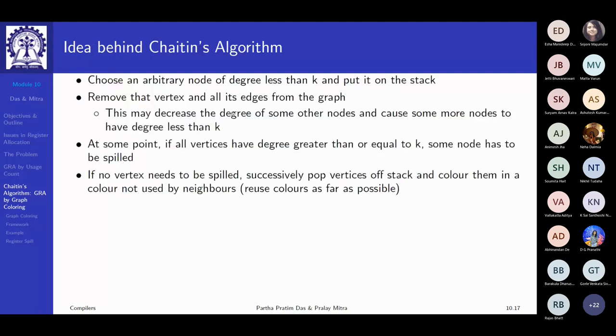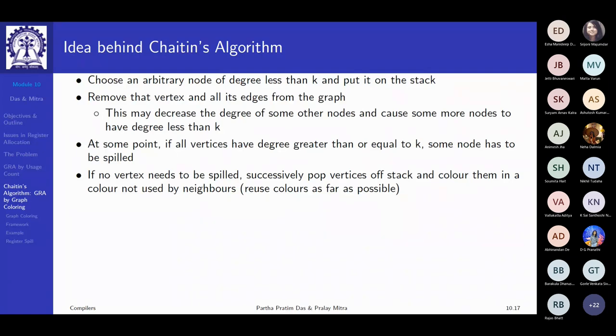Now, the basic idea behind Chaitin's algorithm for coloring, which is a heuristic one, because graph coloring, as you know, is an NP hard problem. So the heuristic goes in this way, that we arbitrarily choose a node whose degree is less than K, and put that node in the stack and remove it from the graph.